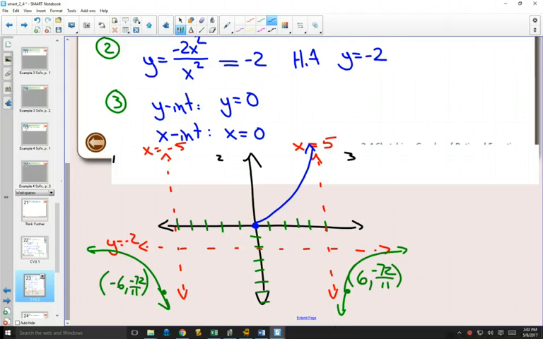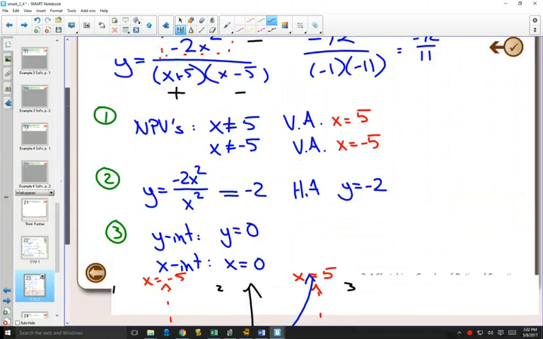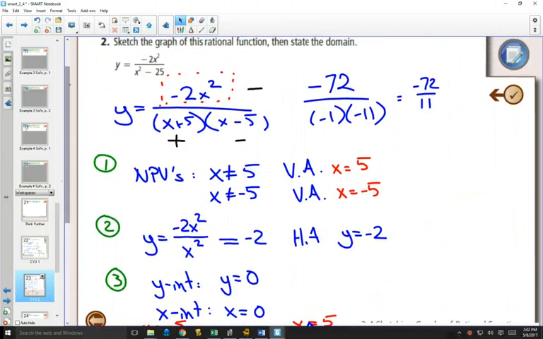What number am I going to check for the other asymptotic behavior as I get close to negative 5? Negative 5.1 or negative 4.9? Negative 4.9. Again, I'll erase this black value and that one. The top is still going to be negative. If I plug in negative 4.9, can you see that this is still going to be positive?